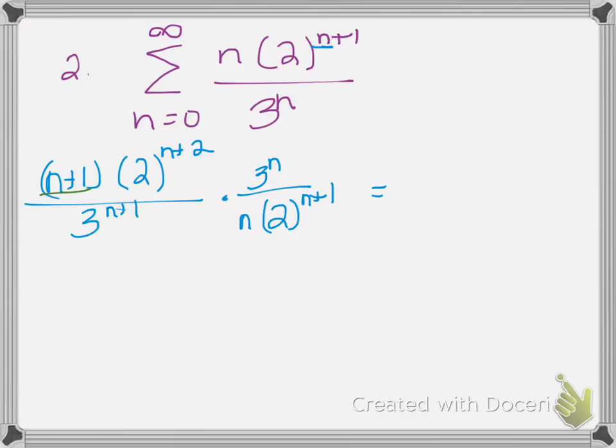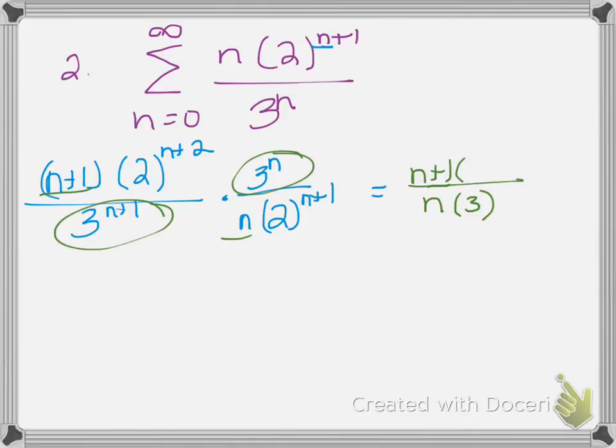Alrighty, n plus 1 and n, that just stays. Alright, 3 to the n and 3 to the n plus 1. If I subtract exponents, I end up with a 3 on the bottom. 2 to the n plus 2, 2 to the n plus 1. Subtract those exponents again. End up with a 2 on the top.